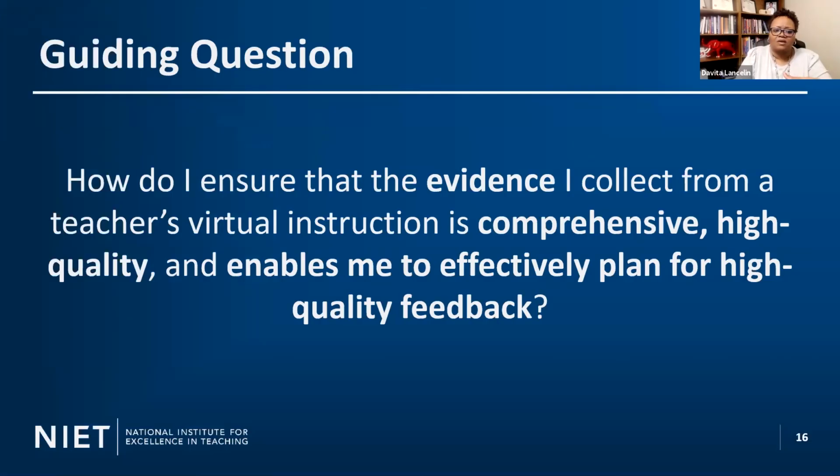learning target. So I want us to come back and revisit our guiding question, really thinking about how do I ensure that the evidence that I'm collecting from that teacher's virtual instruction is going to be comprehensive, high quality, and it enables you to effectively plan for high quality feedback.